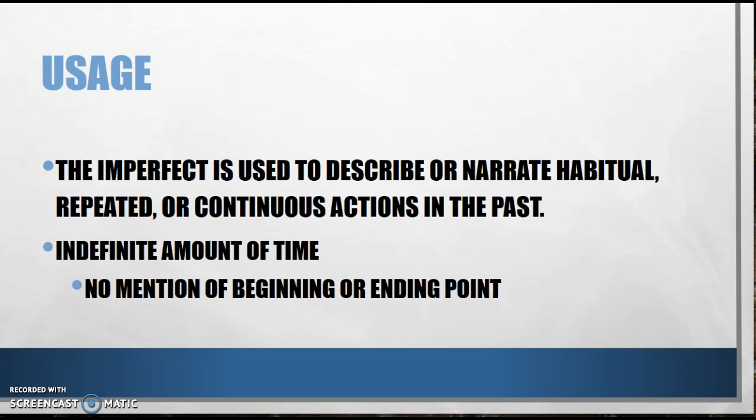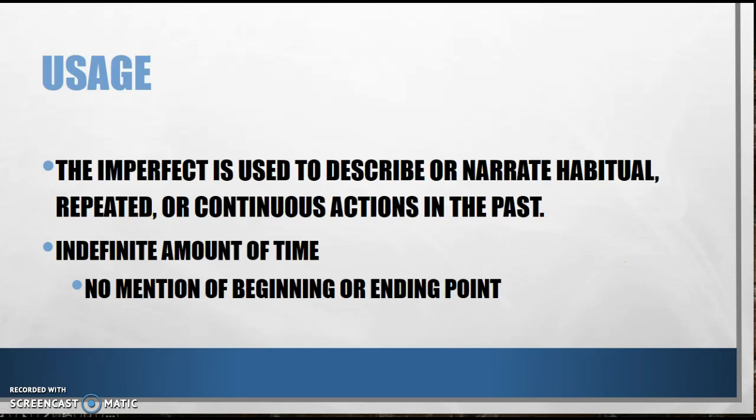All right, so how do we use it? Basically, the imparfait is used to describe or narrate habitual, repeated, or continuous actions in the past. So if every day when you were 5 years old, you used to come home from kindergarten and eat Oreos, or every day when you were 10 years old, you read a book before you went to bed.